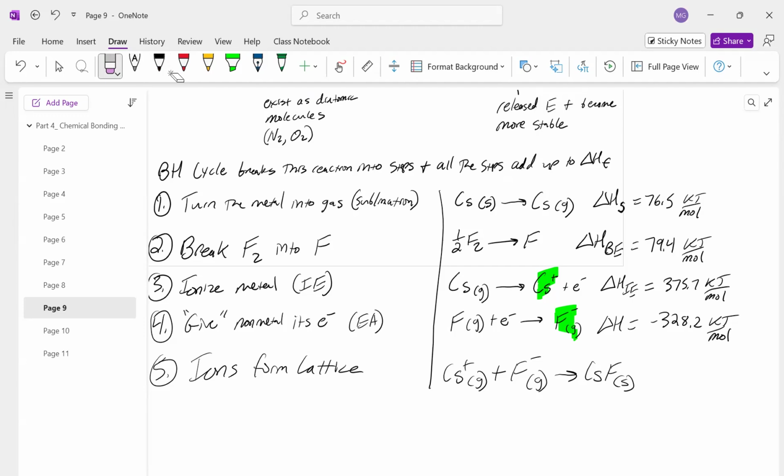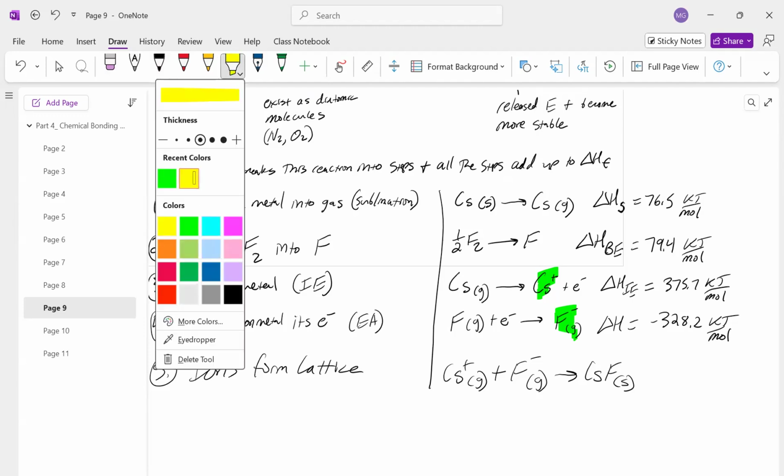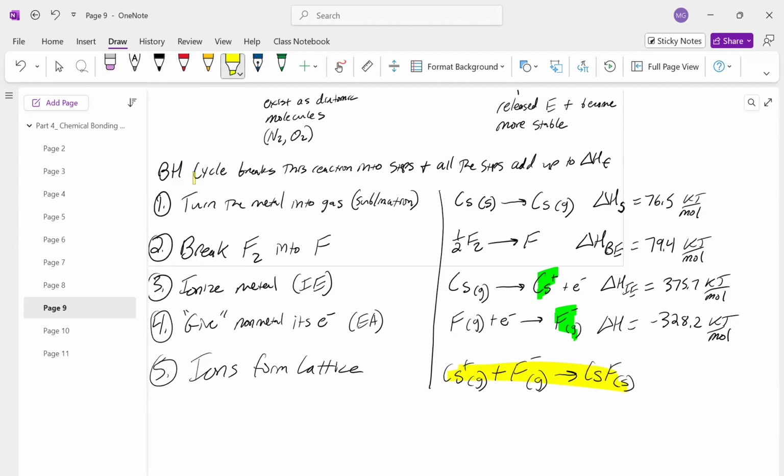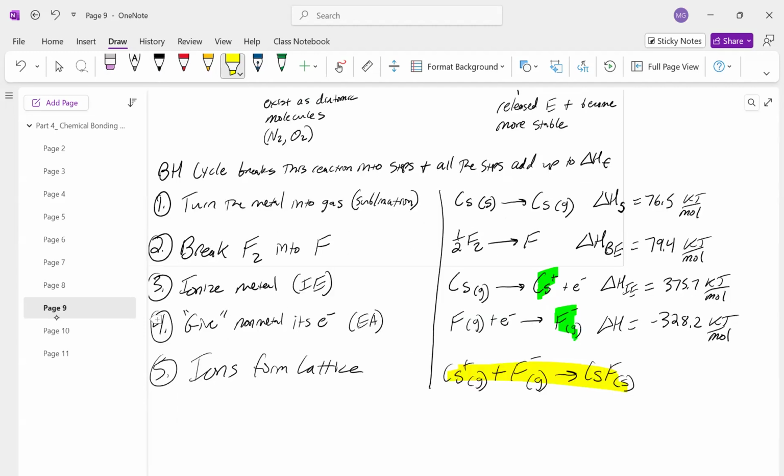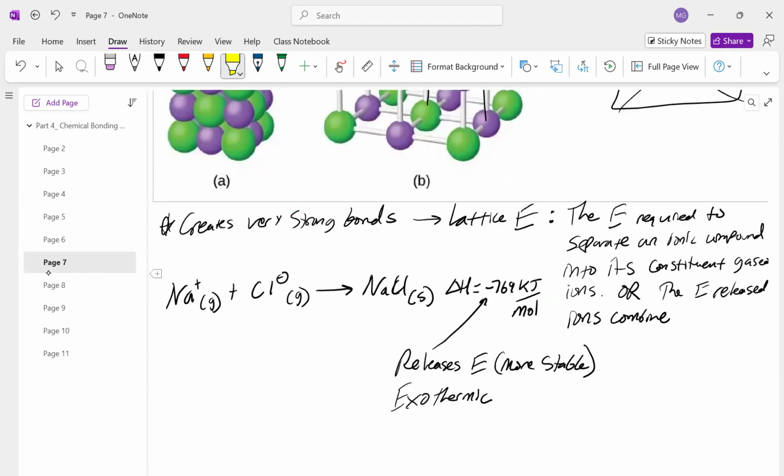Now, look at that reaction right here, and I want you to compare that to what I showed on the previous page. Let's see. Yes, this page here, when I talked about lattice energy. Notice I'm taking these ions and I'm making an ionic compound out of it. It's going to release some sort of energy, which we call lattice energy.